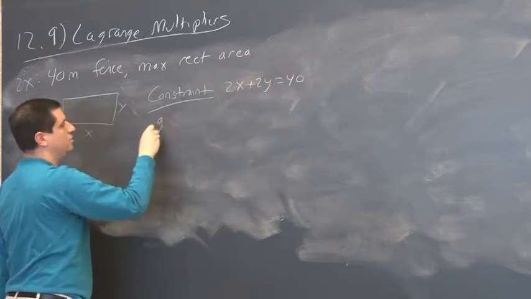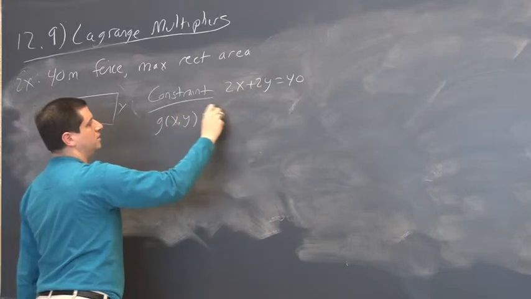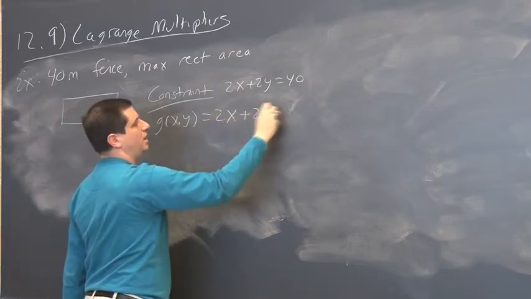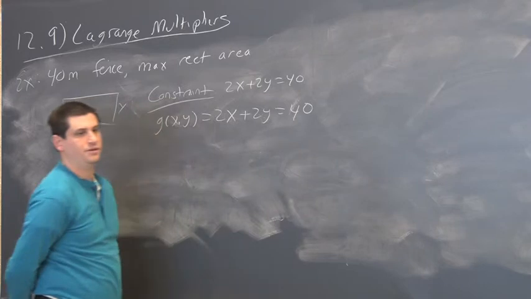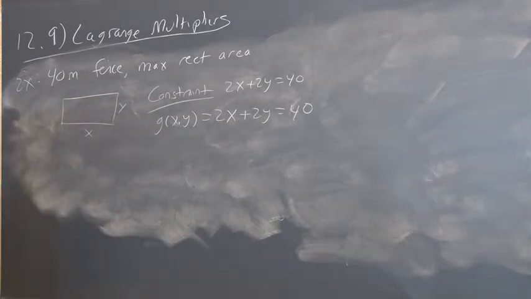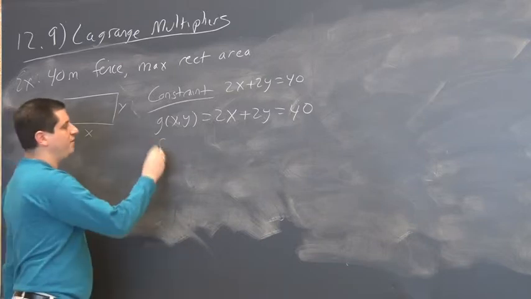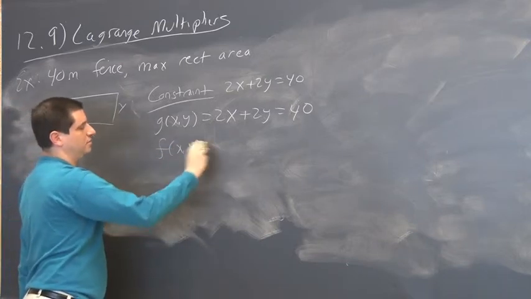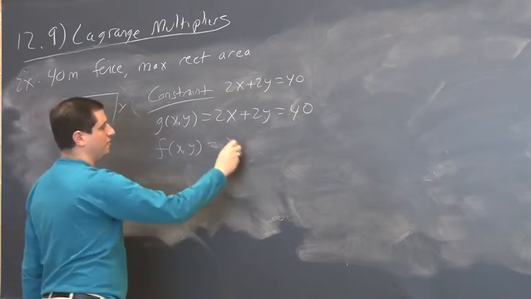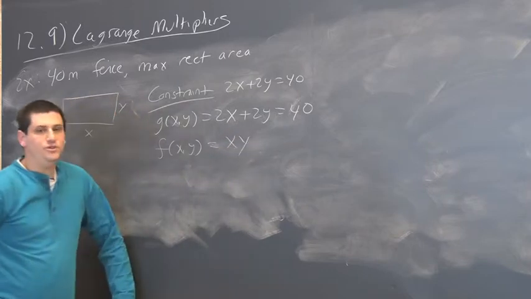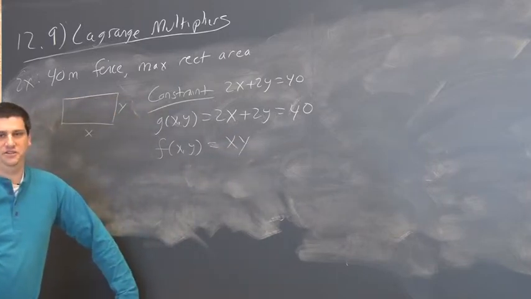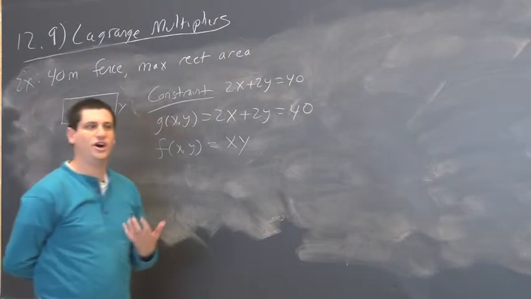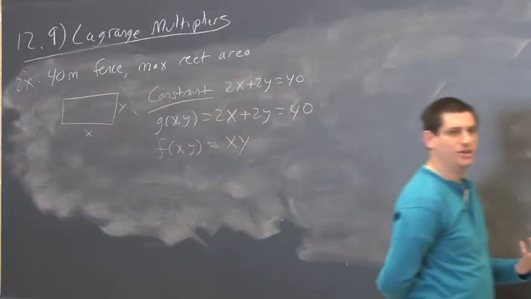So I'll write this as g of x,y is 2x plus 2y equals 40. What else do I need? I need a function to maximize or minimize. So what should my function f of x,y be? x times y. We are going to do the problem the way it was intended, as a multivariable calculus problem, not as a backdoor trick into one-dimensional calculus.